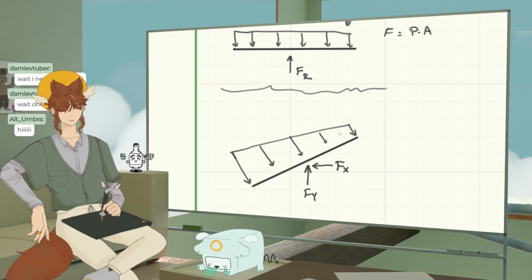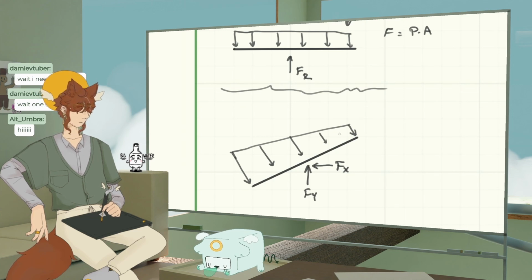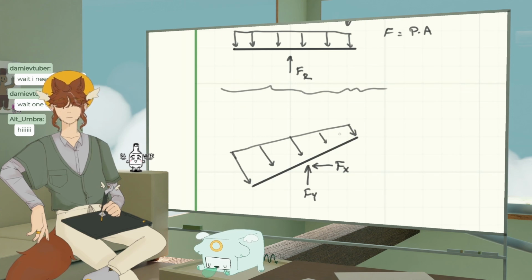And this requires us to define an easy way of talking about these components, because that's the first question in this problem: how are we going to define this force? What's going to be the easiest way?